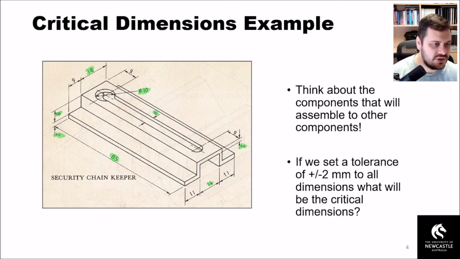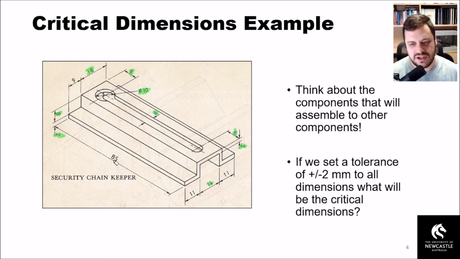However, if I go through and just assume that 85 isn't going to be an actual critical dimension, because if it's a smidge longer or a smidge shorter, we don't really mind, these 9 millimeters would then be important because you want to make sure that you've got enough material from the end of that particular hole back to the edge surface here. So I'd probably deem these two 9 millimeter sections to be the critical dimension and not worry too much about the 85.